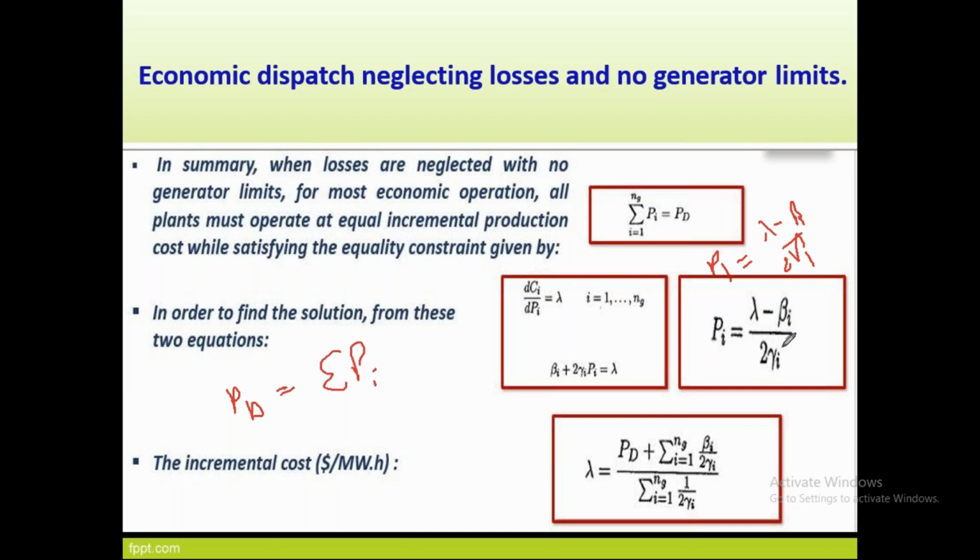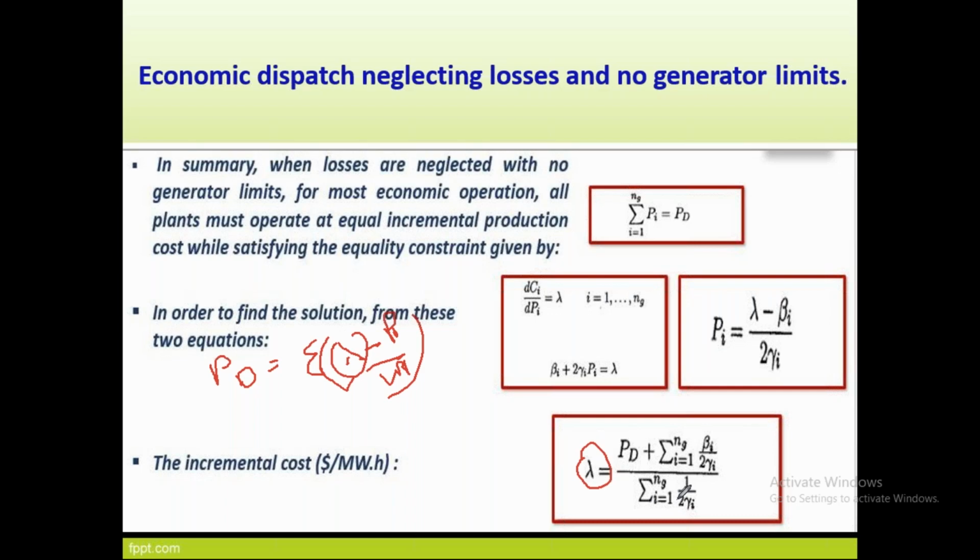So instead of PI, substitute this equation here. Then PD is equal to summation of lambda minus beta I divided by 2 gamma I. While simplifying this equation, you will get lambda. So that is the way of finding this value.